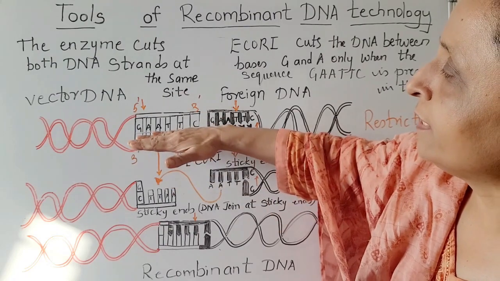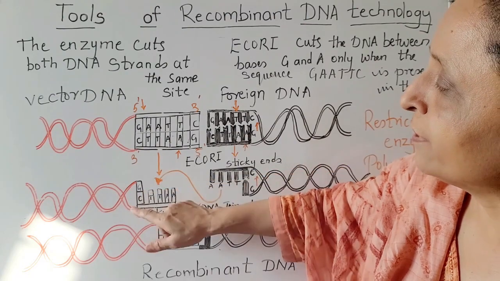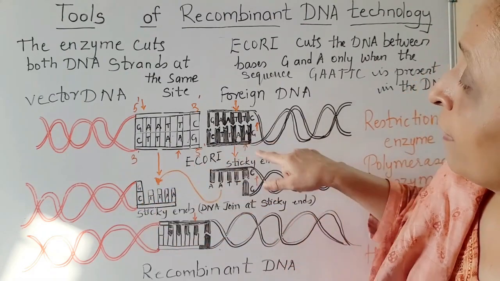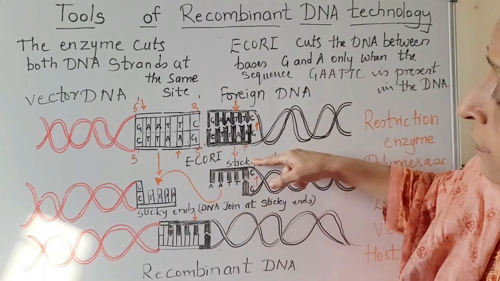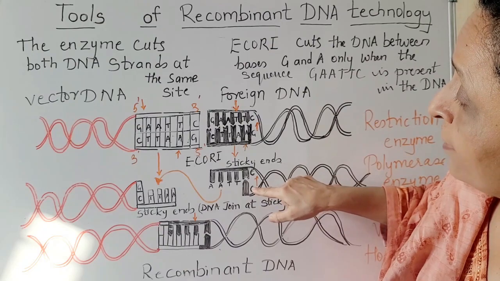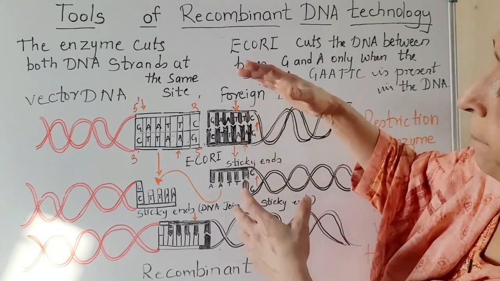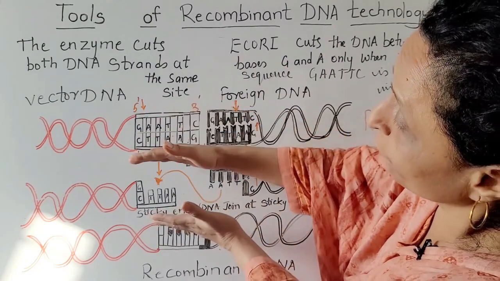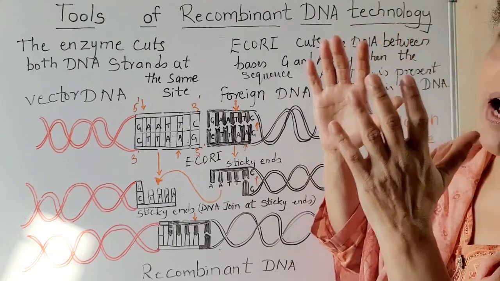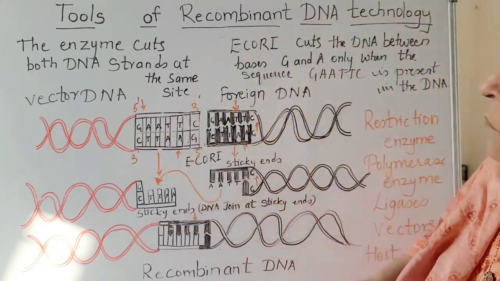Now the restrictive enzyme will give a cut in this way, GAATTC. Here the other DNA is cut, again GAATTC. So it is like a puzzle. Both have sticky ends, so when you add DNA ligase, it will fix like a puzzle.